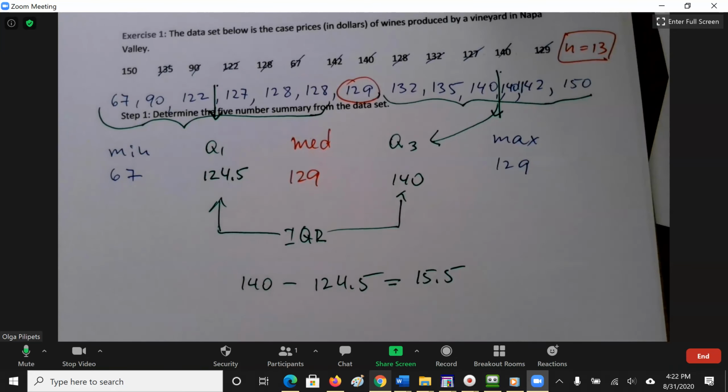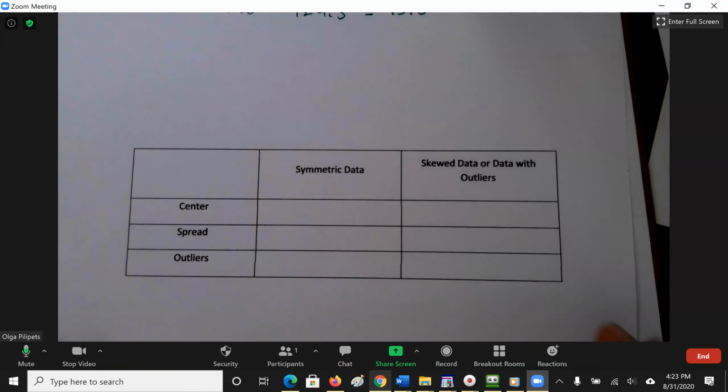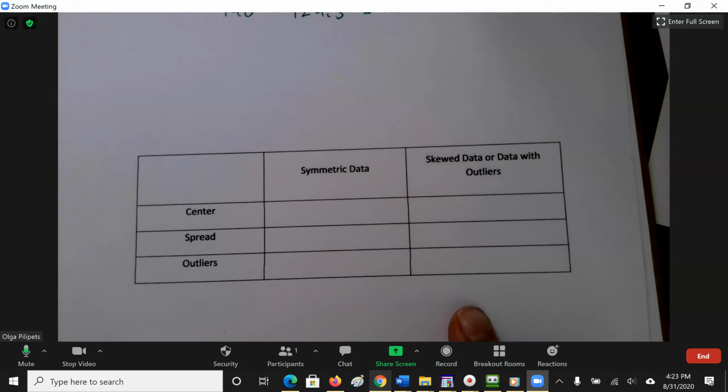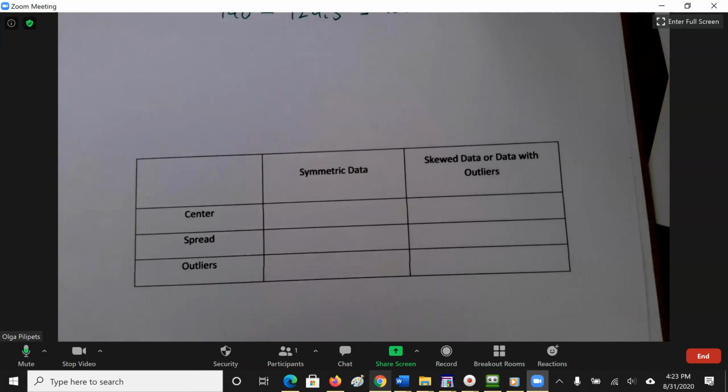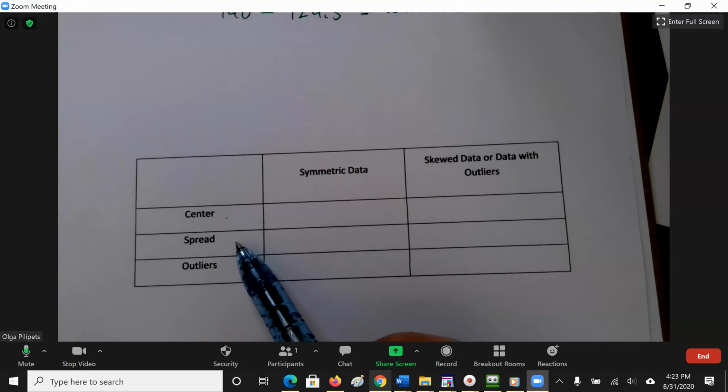All right, so one more piece that I wanted to look at here is when to use which. We actually looked at 4 different measures of center and 5 different measures of spread. So which one are we going to be using here?